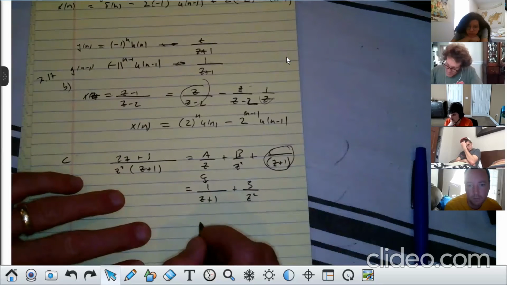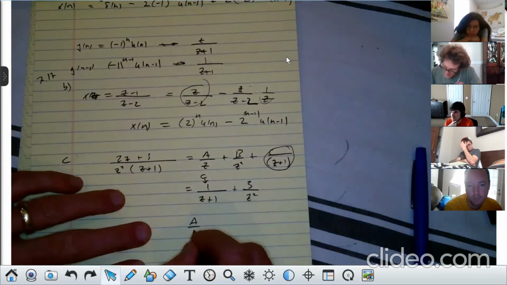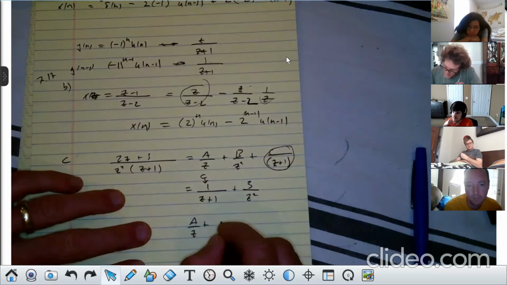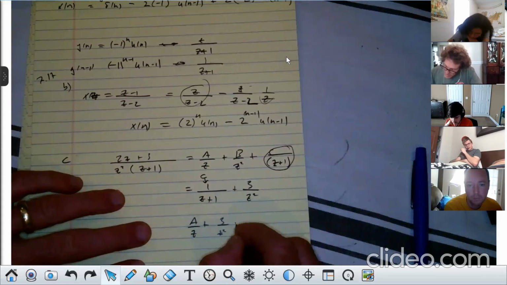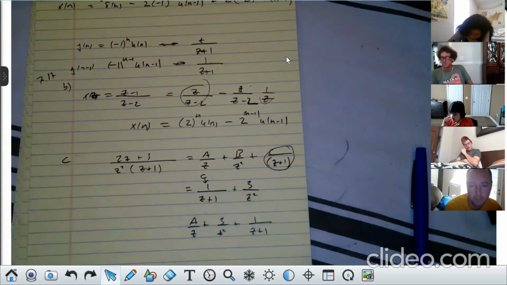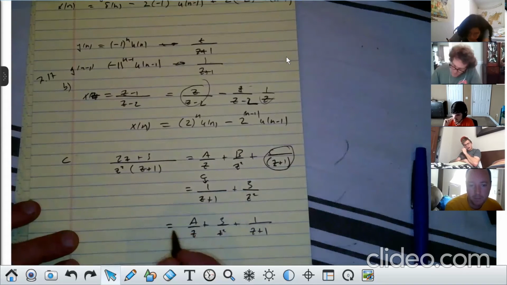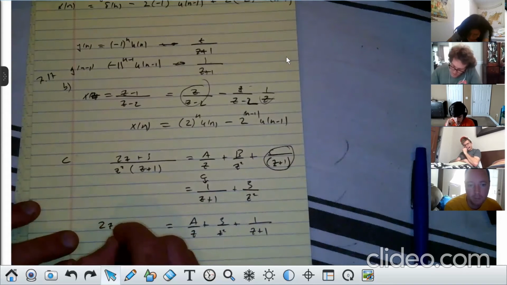So what we have is this. We have a over z plus 3 over z squared plus 1 over z plus 1, correct? And we know that this is equal to 2z plus 3 over z squared, z plus 1.